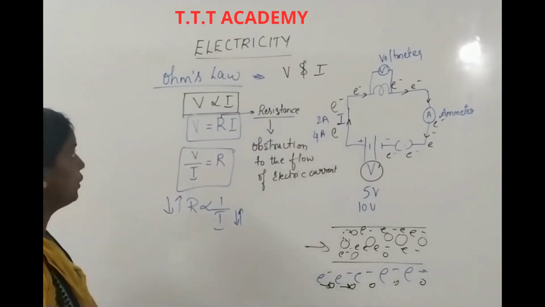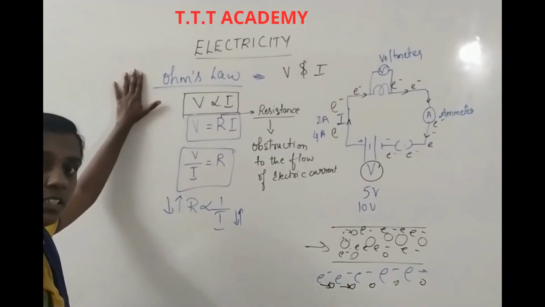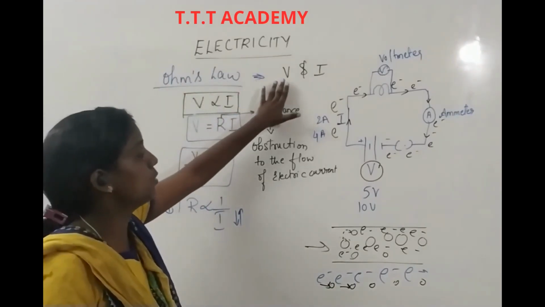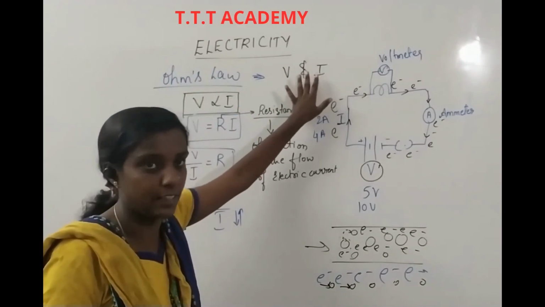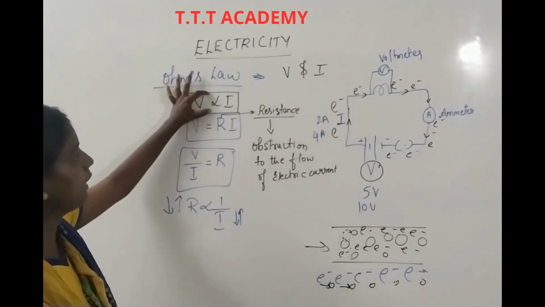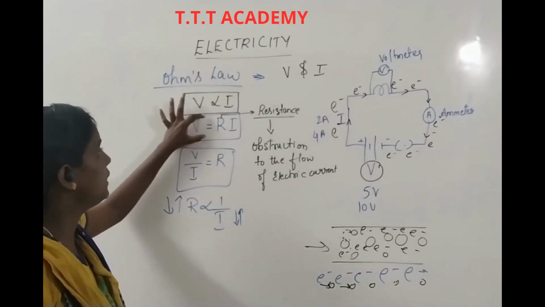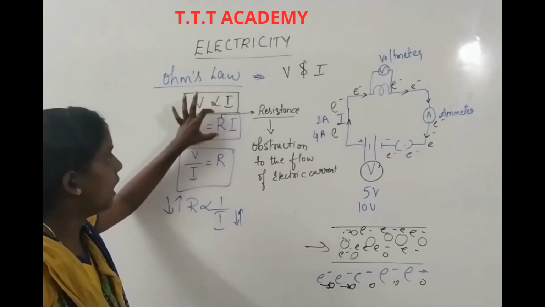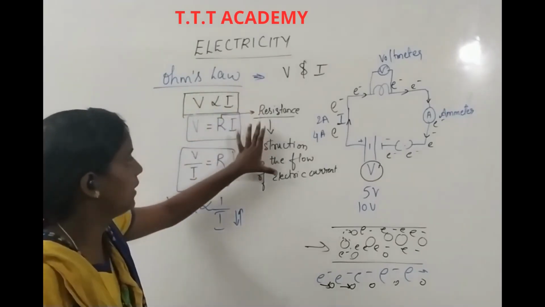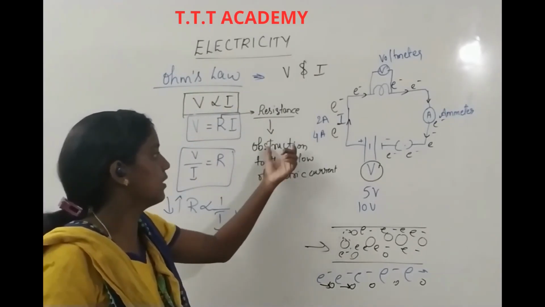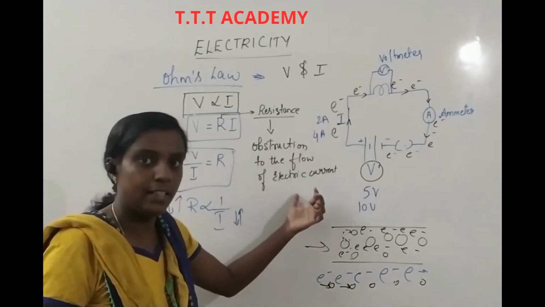So you understood now what Ohm's law says? It gives the relationship between potential difference and electric current: V is directly proportional to I, V is equal to R into I. R is nothing but resistance, defined as obstruction to the flow of electric current.